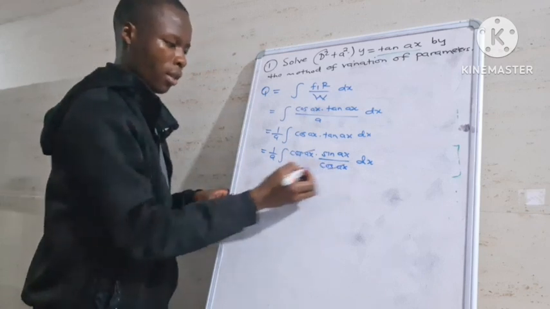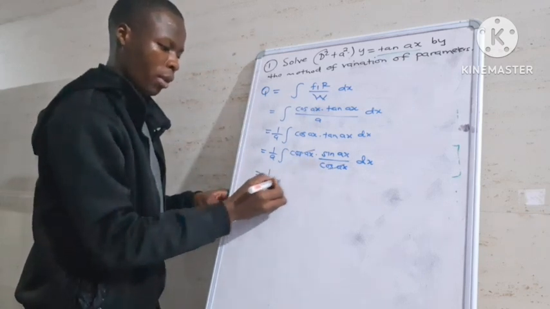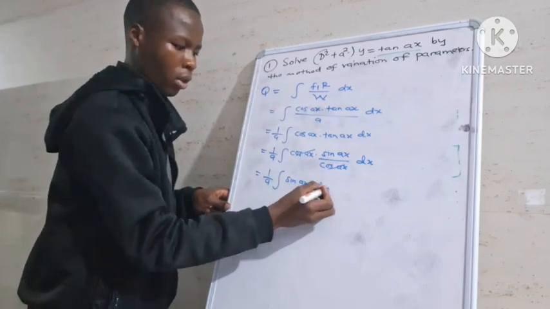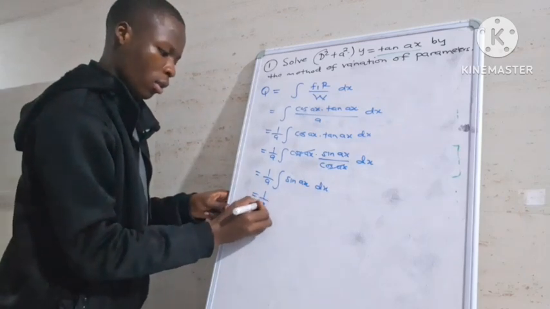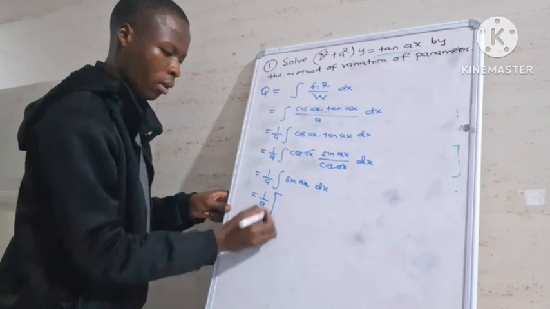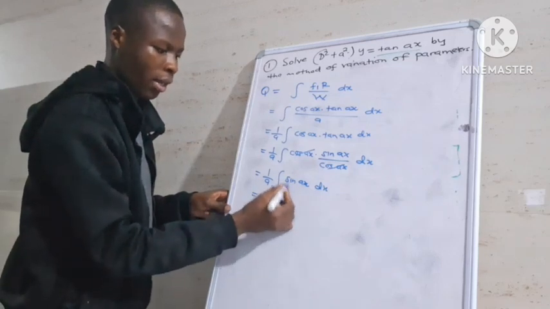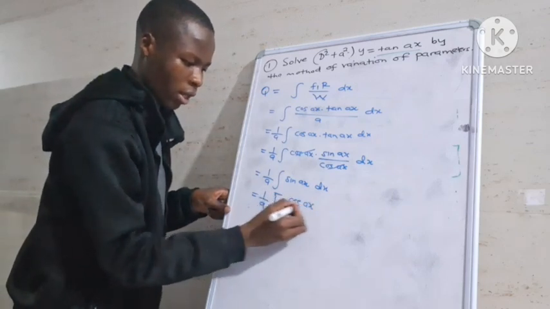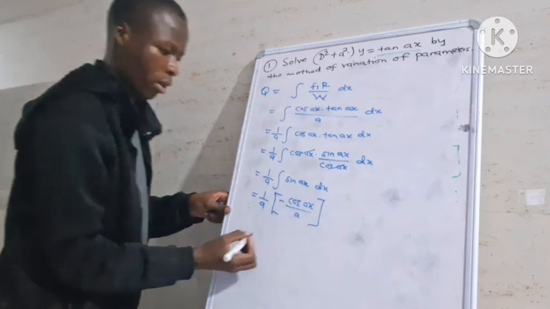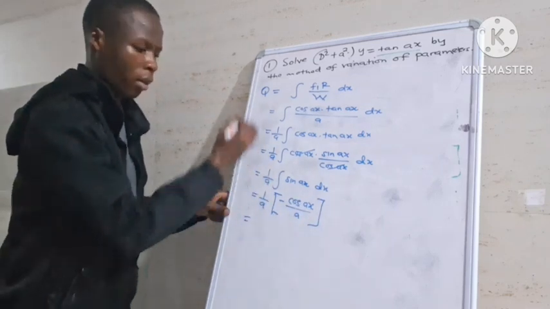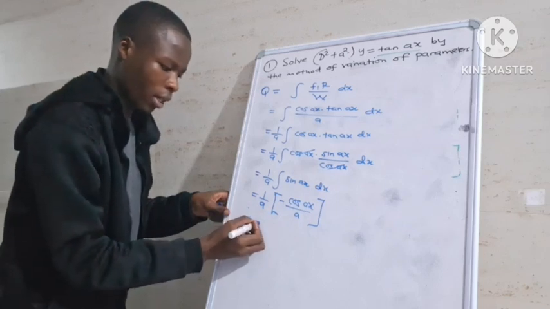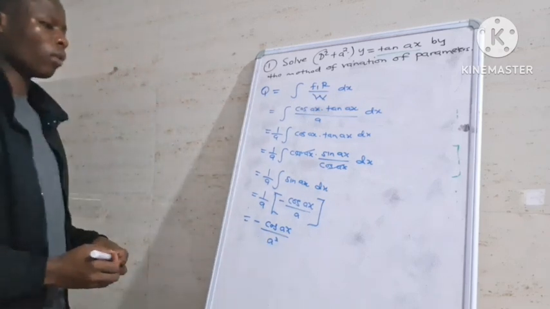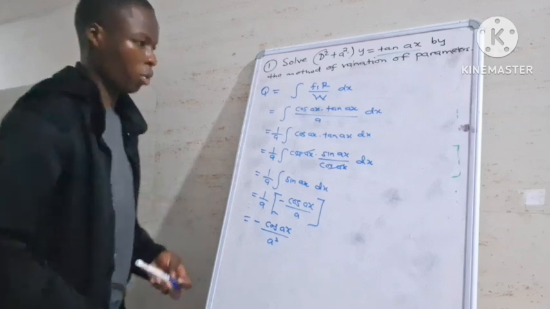Cancel this, so this is 1 by a, the integral of sin ax with respect to x. Integrating sin ax, you get negative cos ax by a. The final value of Q is negative cos ax over a squared. This is Q.